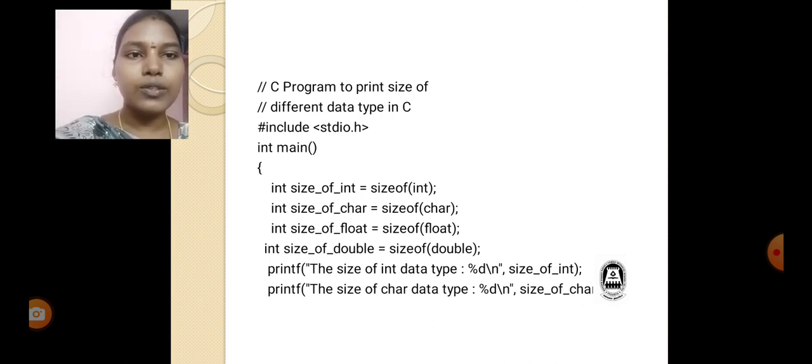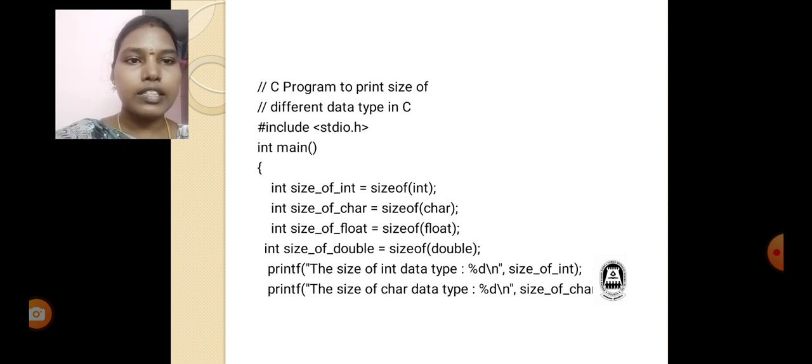Instead of the blank space, an underscore is inserted. So size_of_int is the name of the variable. Next, the sizeof keyword is used: sizeof(int). Next line, int size_of_char equals sizeof(char).